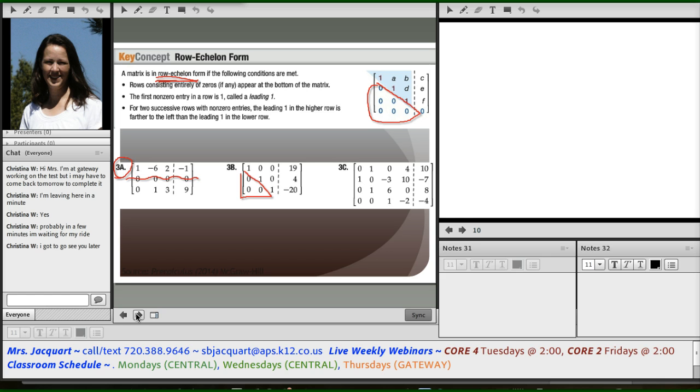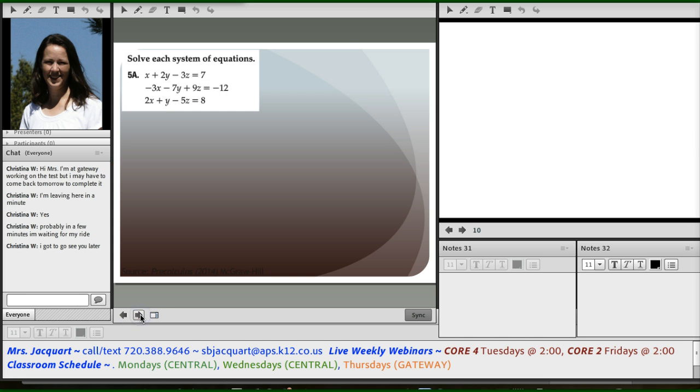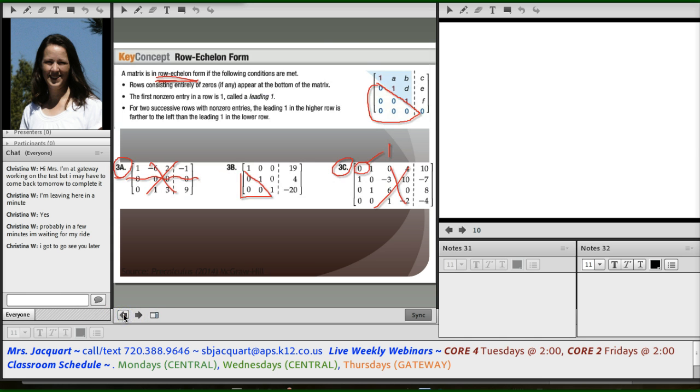We've got a triangle of zeros. We're good. This one, is it in row echelon form? No, because this first entry needs to be a 1. So it is not. Anyway, that's just identifying stuff. This one's a super cool one, by the way.